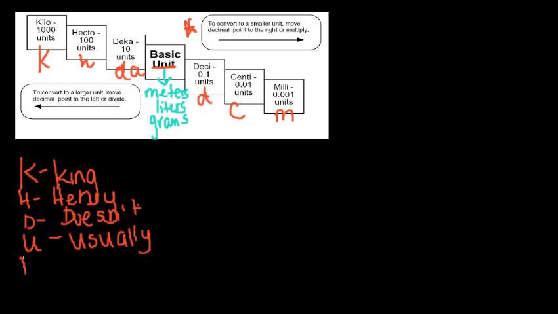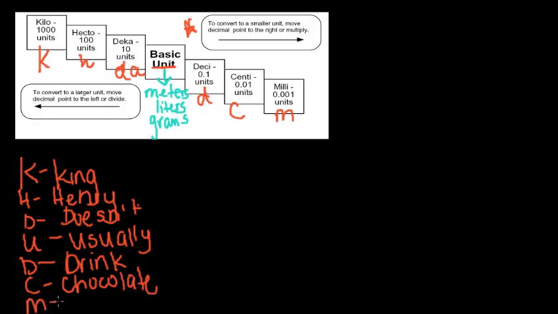The next D is drink. The C for centi is chocolate. Yummy. And the M for milli is milk. So your little phrase to help you remember is King Henry doesn't usually drink chocolate milk. So anytime you're doing a metric problem, you can remember those letters in that order, and that way you can move up and down the ladder the way you need to.